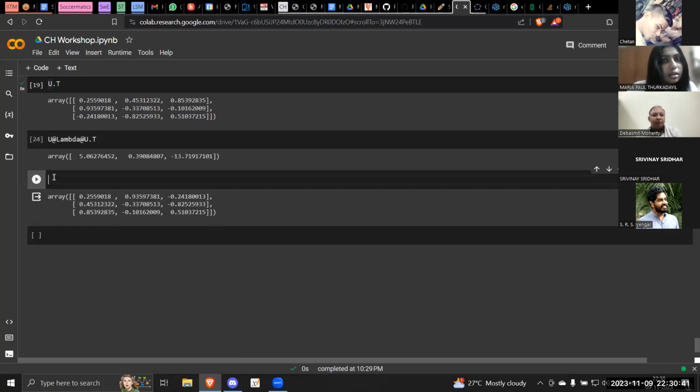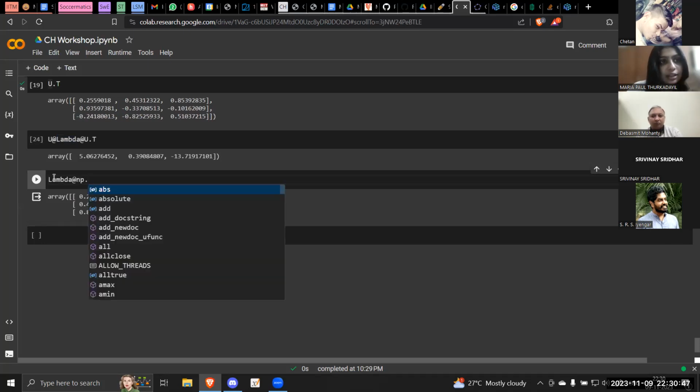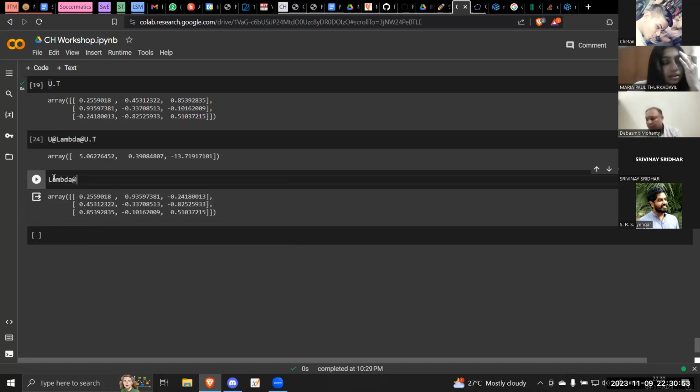Am I right? Wait a minute. No, what am I saying? Different eigenvalues will be there across the diagonal, right? That will give you another column vector. I'm just talking nonsense, sorry. So I can do lambda of 0, comma 0, comma 0.